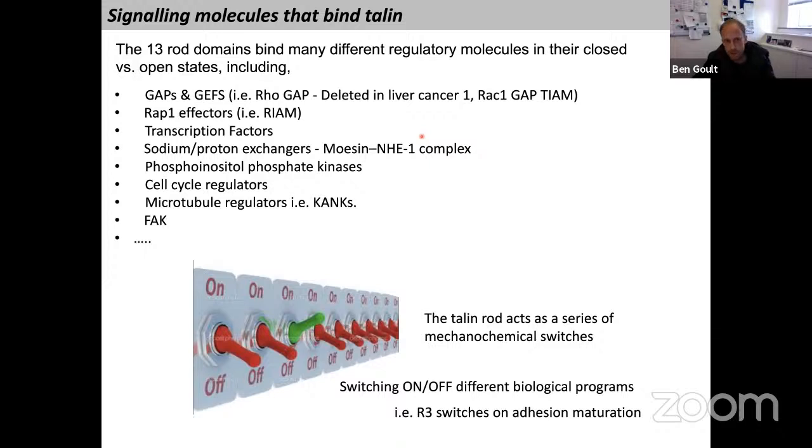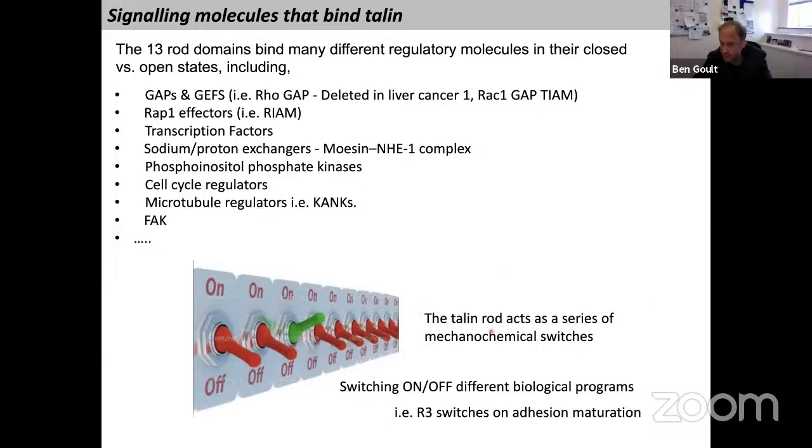But if you look at the signaling molecules which are coming onto those adhesive structures, they pretty much cover all walks of life in the cell, from regulation of the cytoskeleton, transcriptional regulators, connections to the pumps and the channels, kinases, cell cycle regulators, all of these different proteins. So depending on the switch pattern of the talin, you recruit different molecules which instruct the cell how to behave.